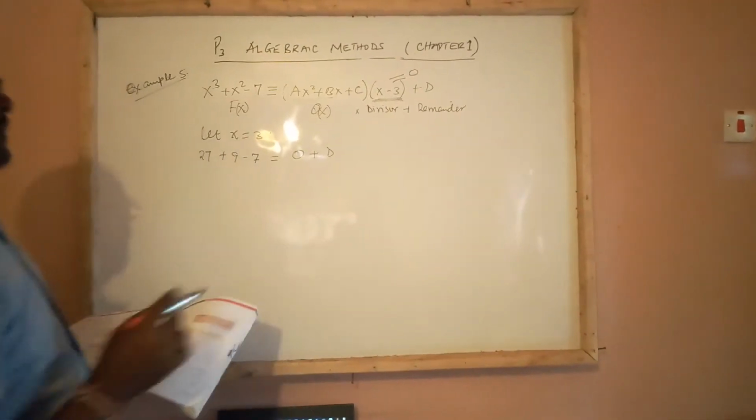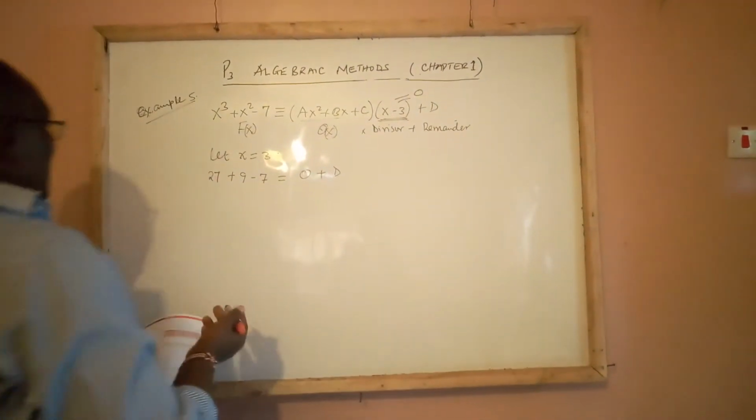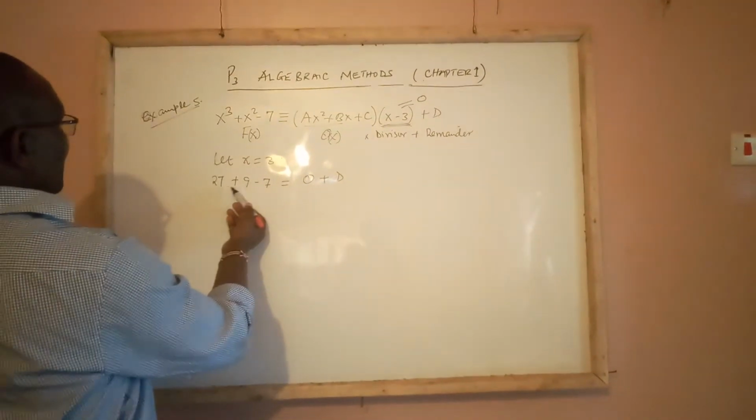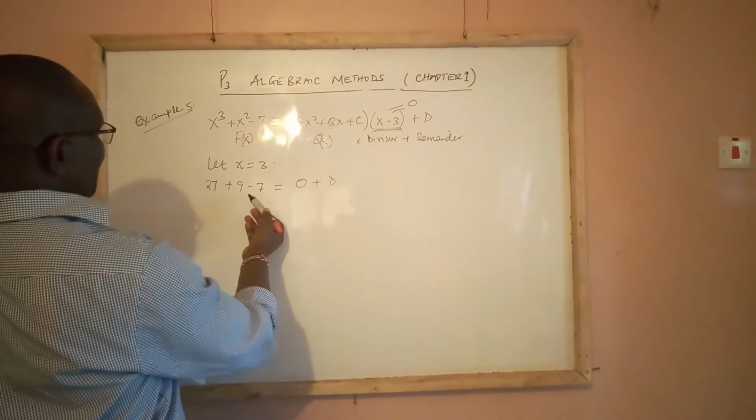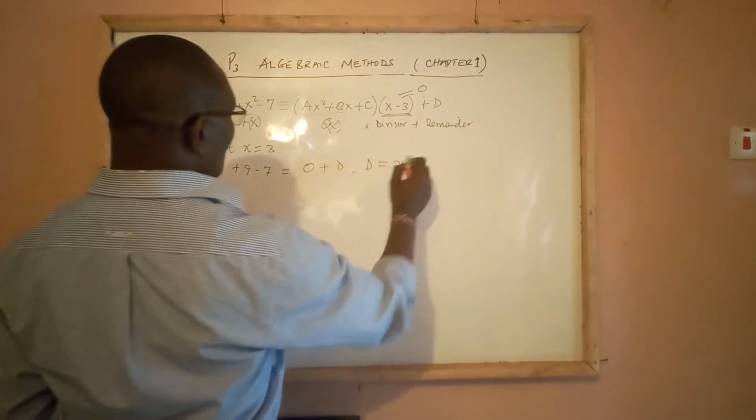So that step alone gives us the value of d. 27 plus 9 is 36, minus 7, so d is equal to 29.